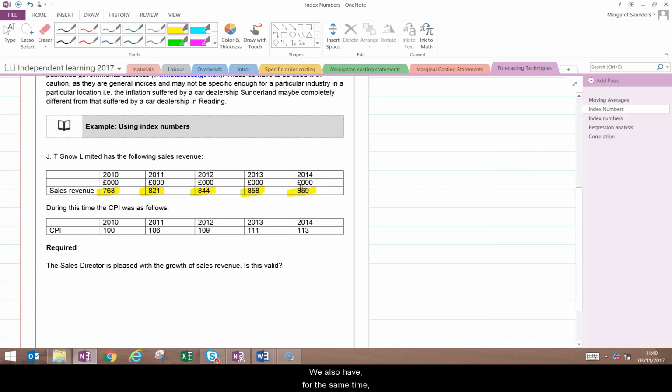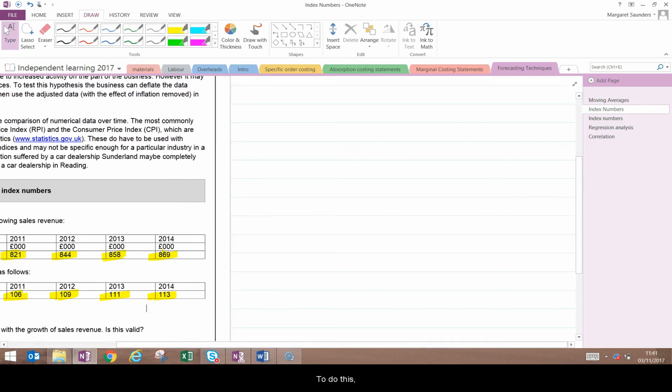We also have, for the same time period, a Consumer Price Index. So these are our index numbers. So what we're going to do is use those index numbers to deflate our figures. So in other words, take away the effects of inflation. So to do this, we will start with our sales figures, which was 768.